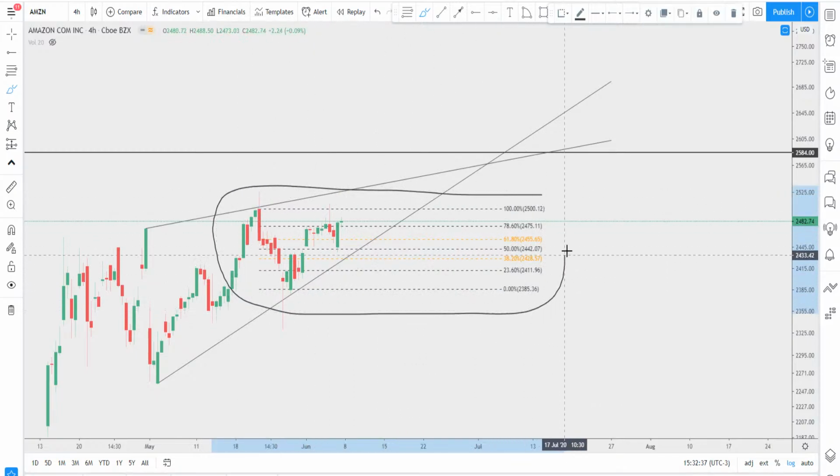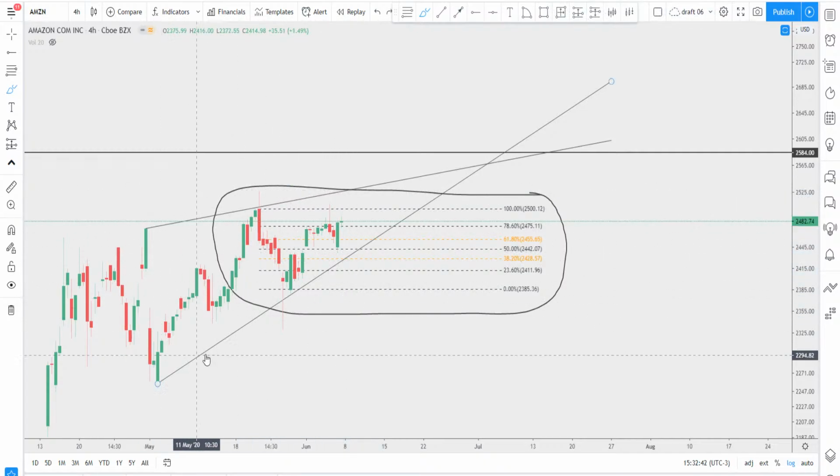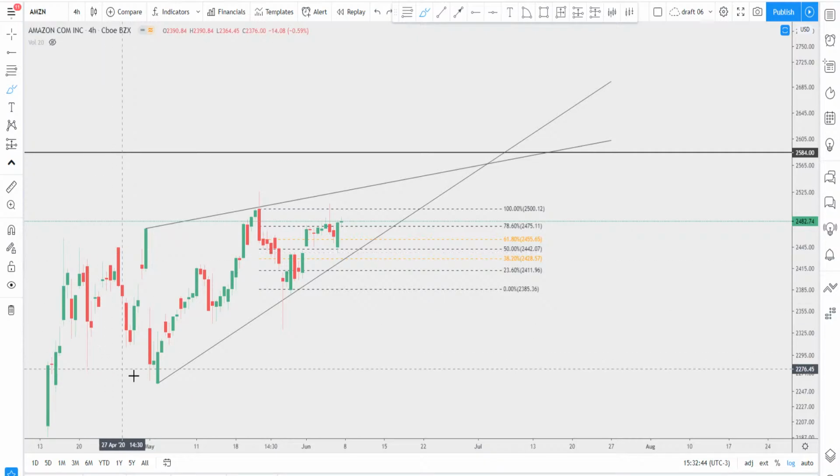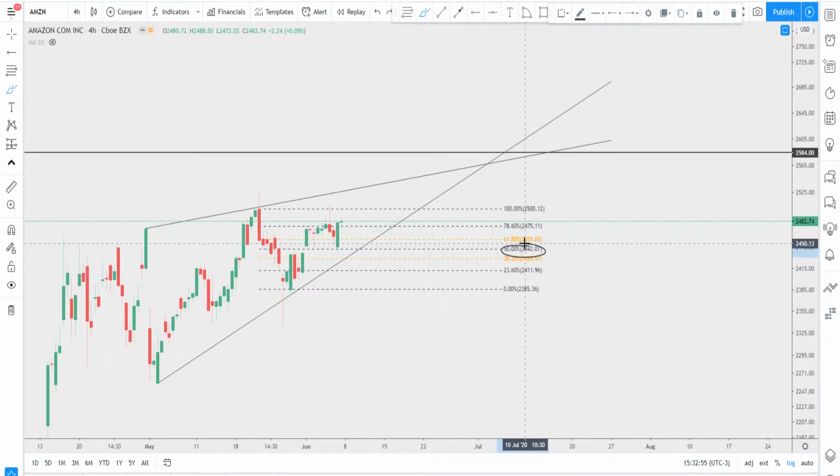Don't forget, we are measuring only this structure right here. Okay, I don't care about all the rest, because I already measured before and I am aware of all the levels. So what matters now is this one here. As you guys can see, we bounced from the average price and then we ended up rejected. Okay, and yes, like I said, even if we drop here again, I don't believe we are going to make it to the 50.